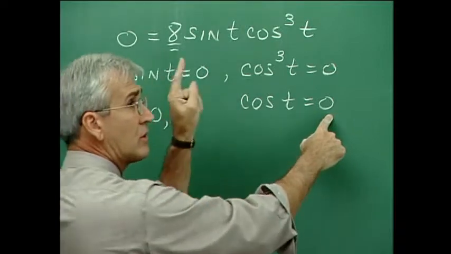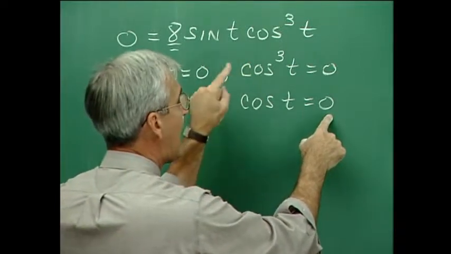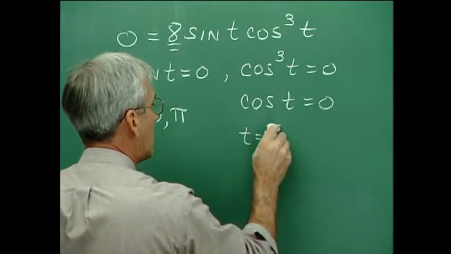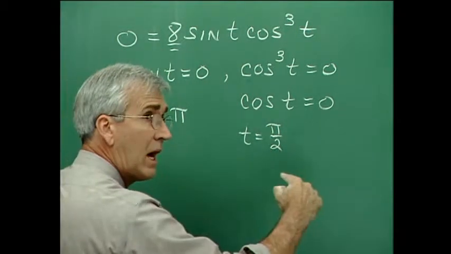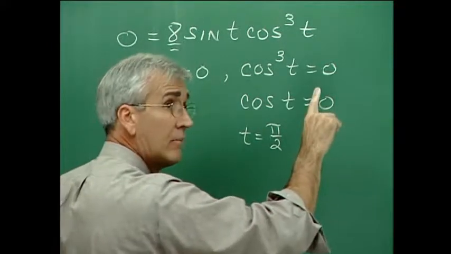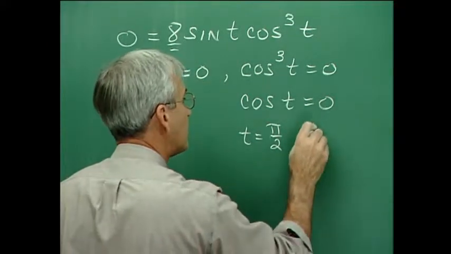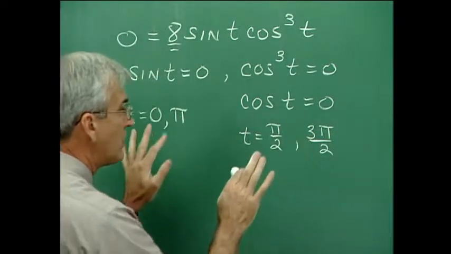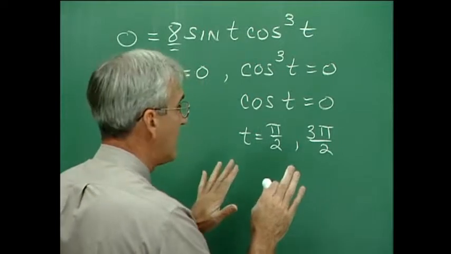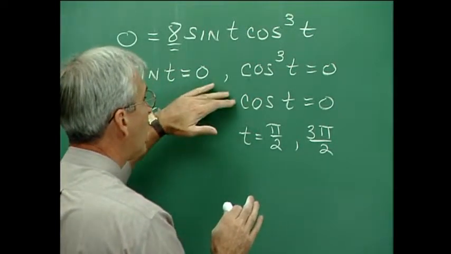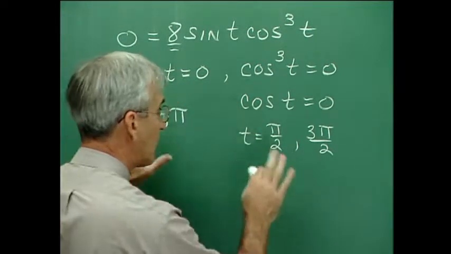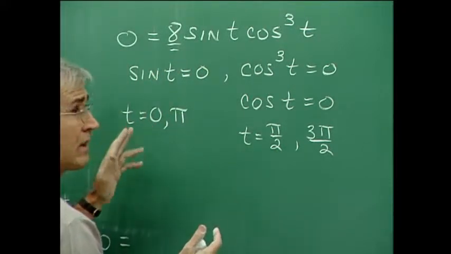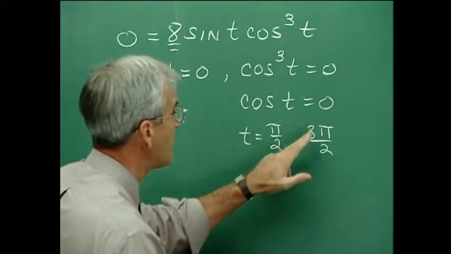The cosine curve starts at the top of the amplitude, then we have a 0 at pi over 2, and then we go to the bottom of the amplitude at pi, and then we're back up at a 0 at 3 pi over 2. Now, if you're not recalling these things as I am talking about them, then it's worthwhile to construct the graph of the cosine curve and actually look for these actively on that curve. So anyway, we have solutions, we think, at 0, pi, pi over 2, and 3 pi over 2.